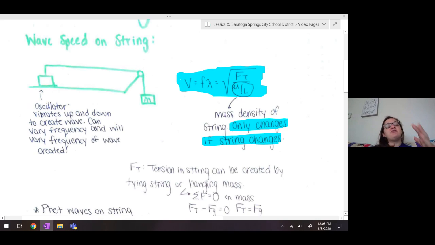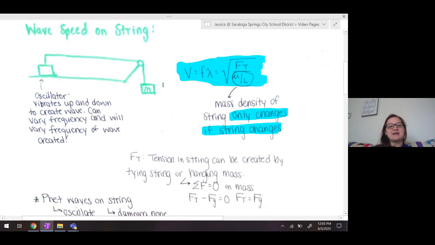If we are using a mass on a string like I have pictured, this mass is going to remain at rest. Yes, it'll bob up and down a little bit as energy is transferred through the string, but it's not going to be accelerating in our normal sense.